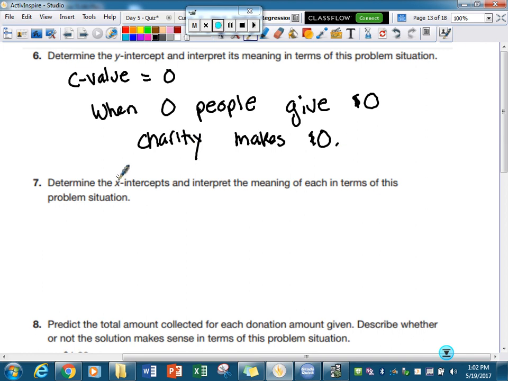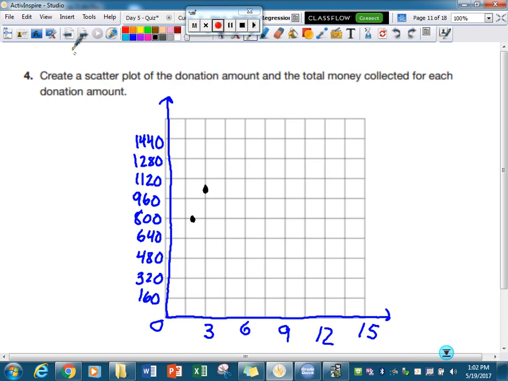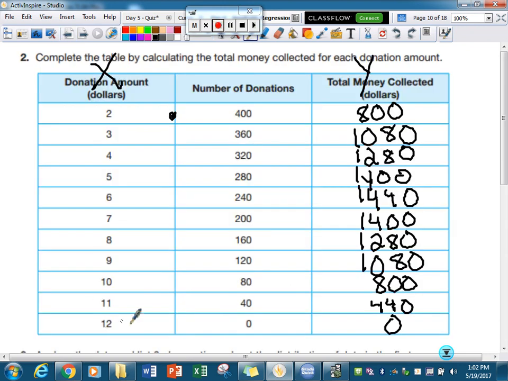Okay? We are going to do our x-intercepts for this one. Remember, our x-intercepts is when y equals 0. It happened twice. It happens at 0, 0, and it happens at 12, 0. We look back at our table. See how it was 12, 0, and it gave us $0?